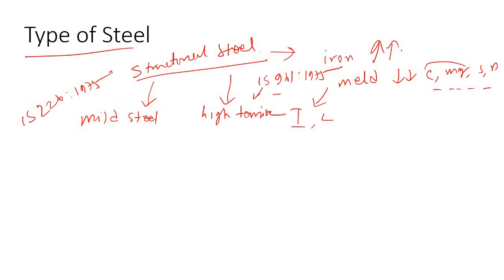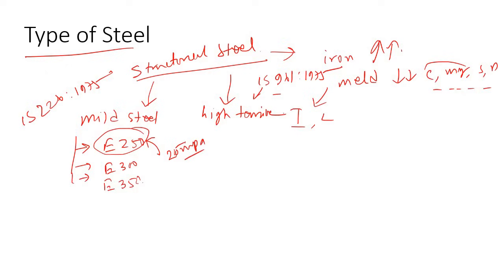Mild steels are characterized in different categories. These are normally denoted as E250, E300, E350. Now what are these? E250 denotes the mild steel which has yield strength of 250 MPa, megapascal.